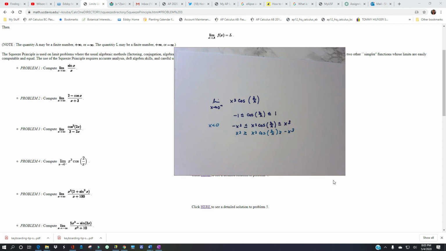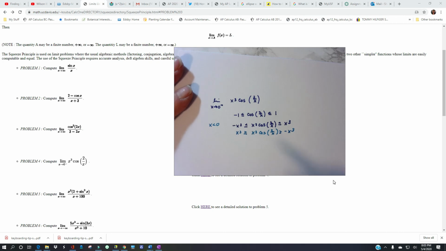The values of x are going to be negative, and when you cube a negative, you get a negative. Here it became positive because I had a negative x cubed. If I do negative 2 cubed, I'm going to have negative 8, or a positive 8. Here it was already negative, so that's going to become positive. But because the values are negative, if I'm multiplying, I have to flip the inequalities.